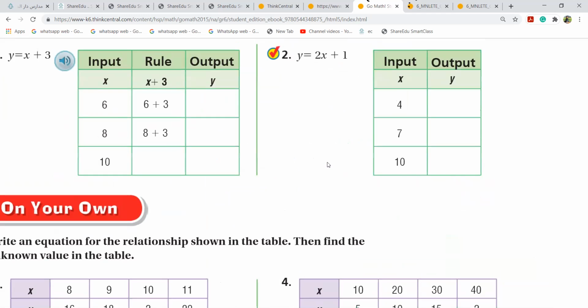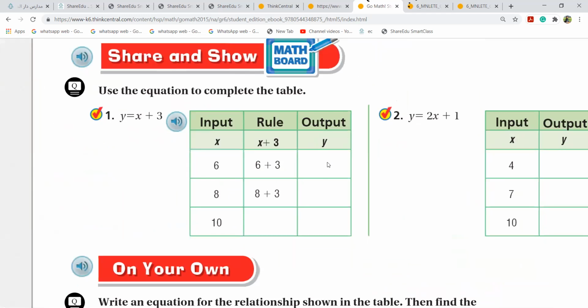Let's see here. What do I have? I have x plus 3. And what did they give you? x here, 10. So that means instead of x, I need to put 10. Very clear, guys. These are x values. Instead of x, I put 6, I get 9.